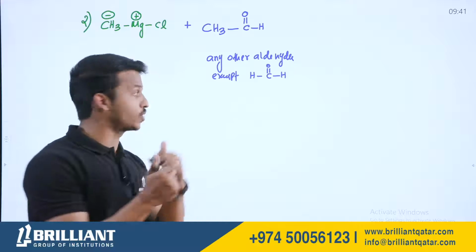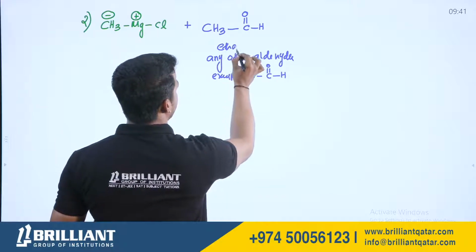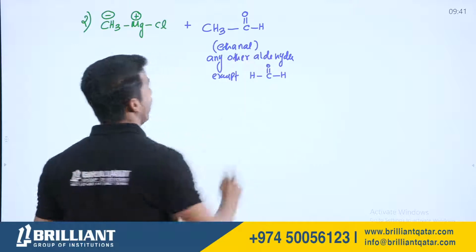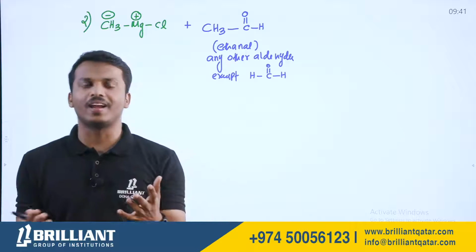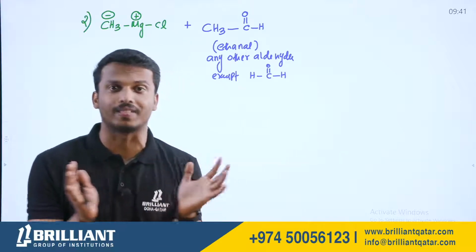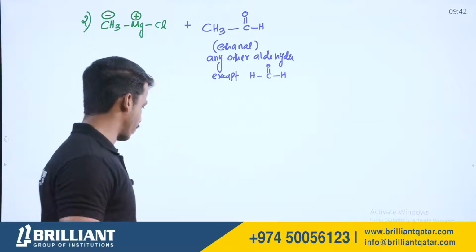Other than methanal, like ethanal, the 2-carbon aldehyde, propanal, butanal, pentanal, or any other aldehyde, if you select any except methanal, your product is guaranteed. Let's see what product is going to form.